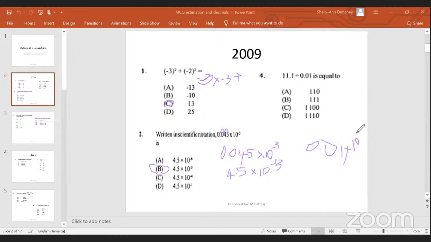So you're going to jump 2 places to the left, right? It's going to become 1. All right, so basically he's saying that we're going to multiply this by the power of 10, 10 to the second power.